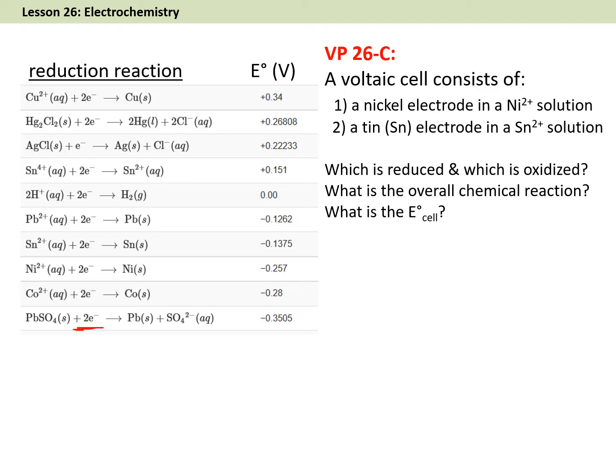Which ones do I care about? Only one of these involves nickel, so I care about that. Notice there are two tin ones: one with tin 2+ and tin solid, and then tin 4+ and tin 2+. I care about these two, because that's what I'm told is in my voltaic cell.